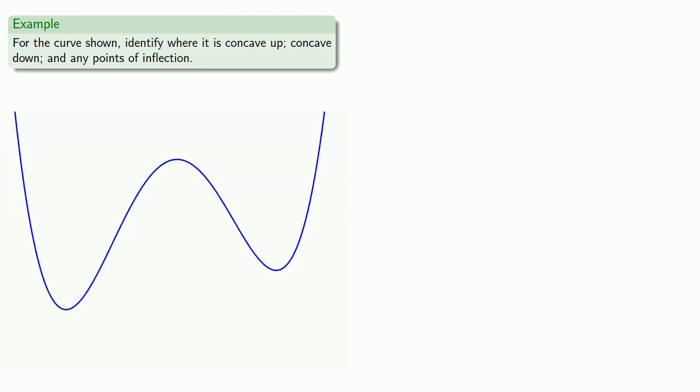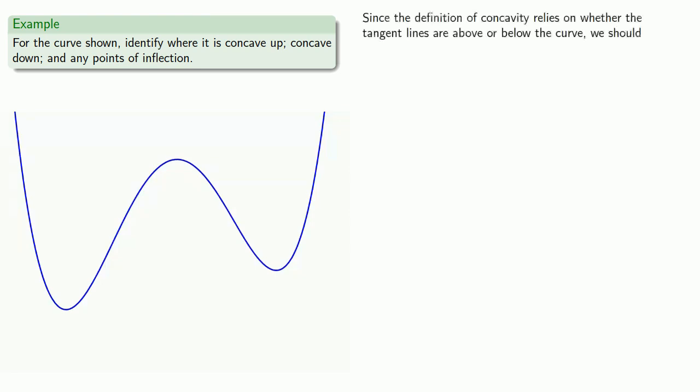Since the definition of concavity relies on whether the tangent lines are above or below the curve, we should draw a few tangent lines. So we'll pick a few points on the curve, draw the tangent lines to those points, again not going too far to avoid cluttering up our graph, and then identify where those tangent lines are relative to the curve.